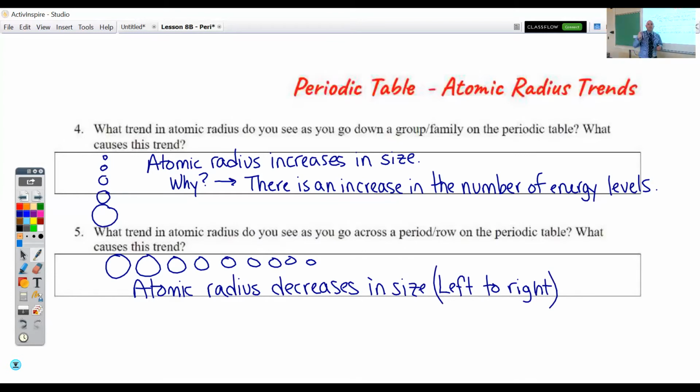The reason why atomic radius gets smaller as you go across a period is that the number of protons in the nucleus goes up. That means the nucleus gets stronger. So the stronger the nucleus is, the better it is at attracting electrons, and it actually causes the atomic radius to decrease.